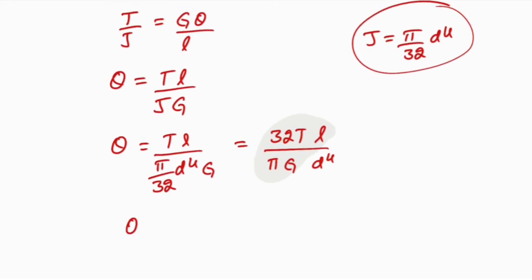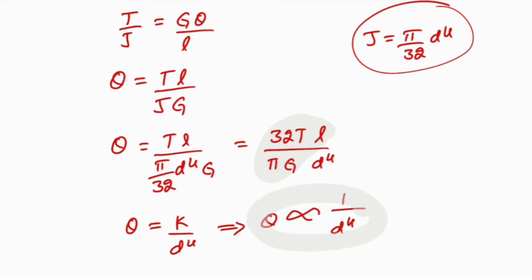Therefore, angle of twist theta equal to a constant by d power 4, or angle of twist theta is inversely proportional to fourth power of diameter. Theta is inversely proportional to fourth power of diameter.